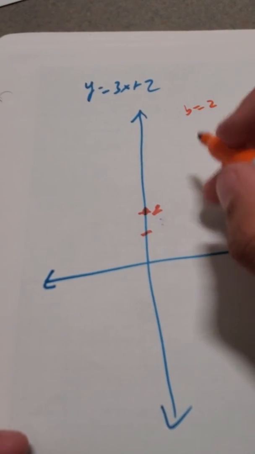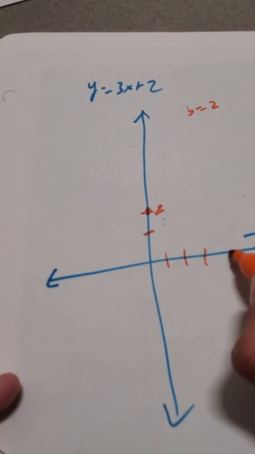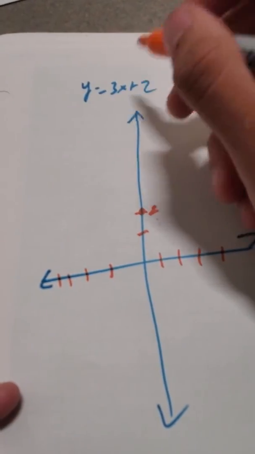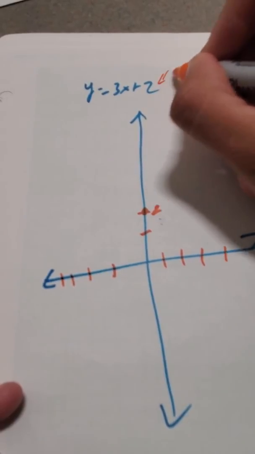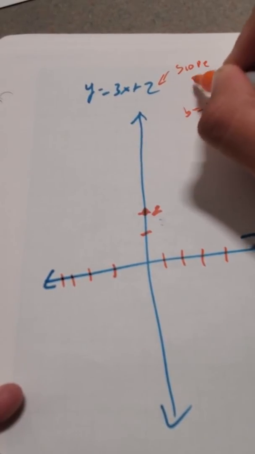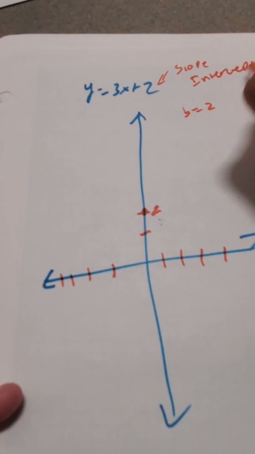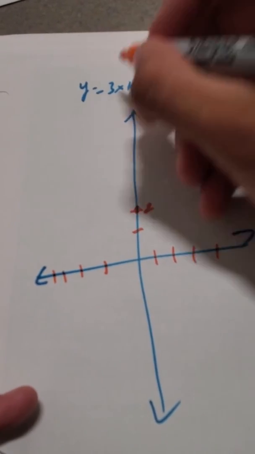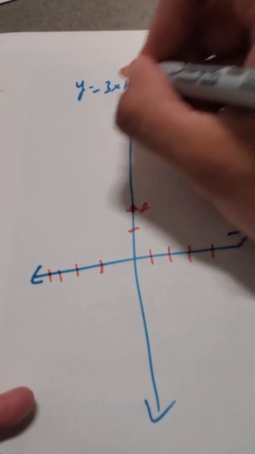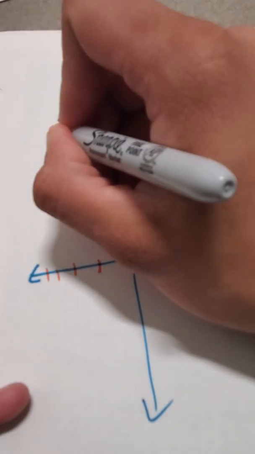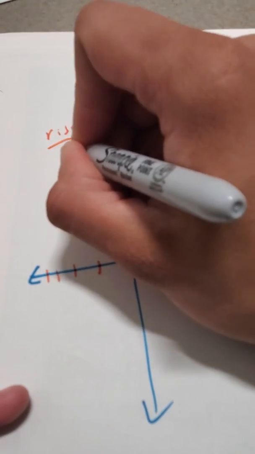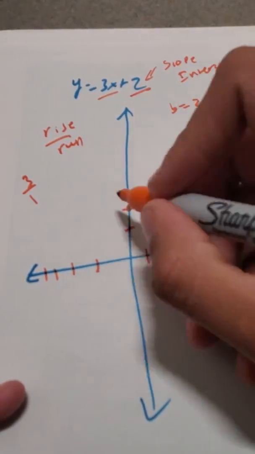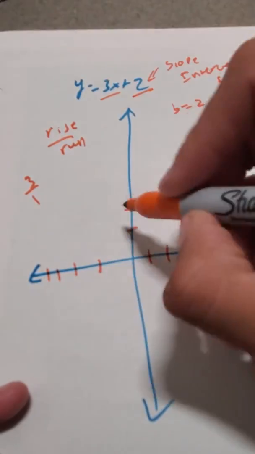Instead of plugging in points, if it's in point-slope or slope-intercept form, we can just look at the intercept and the slope. The slope, if you remember, is rise over run. So this 3 is the same as 3 over 1. We rise 3 and go over 1.